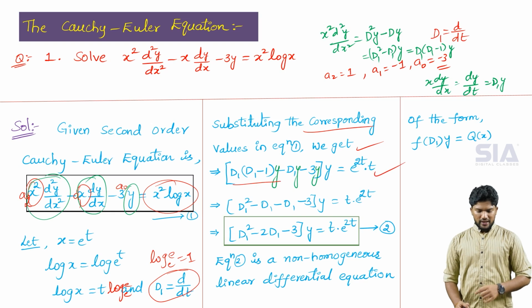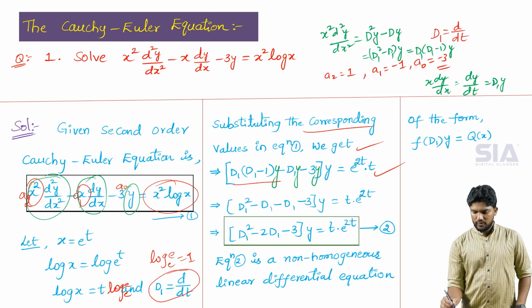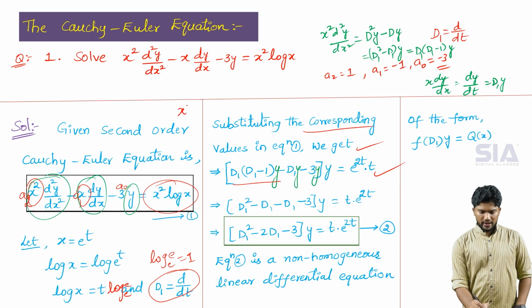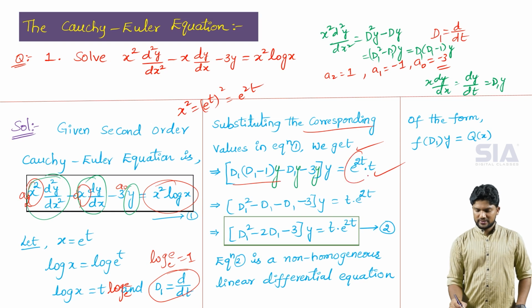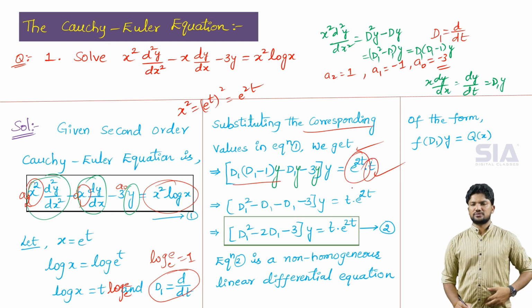is equal to, in term x square. If you write x square, what is the x value? e power t. e power t whole square means e power 2t. In place of x square, e power 2t. Log x is there, in place of log x, small t.